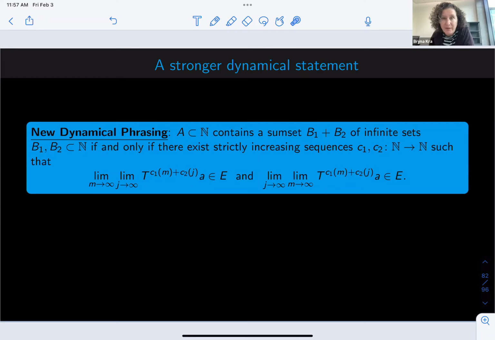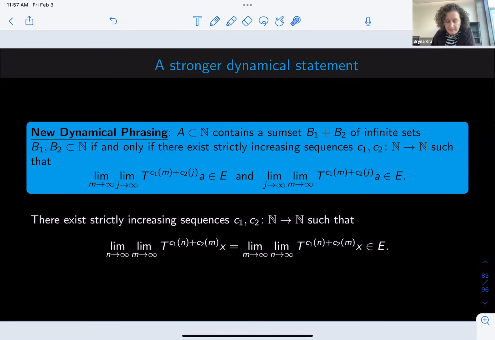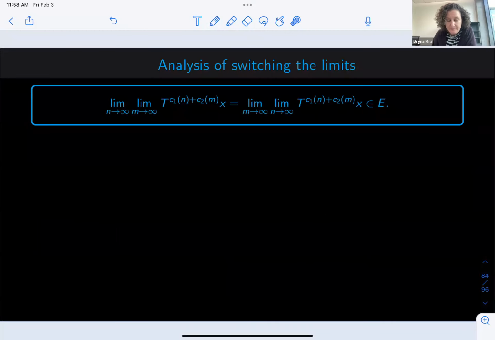We can prove it for k equals 2 without doing that, but not higher. What do I mean by a stronger statement? Here, all we ask is that you land inside the set E, but actually we prove that these two limits are equal, which is stronger than just landing inside the same set, whatever it is. In fact, they land inside the set E, but these two limits can be interchanged and they're equal. So it's a strengthening of that.